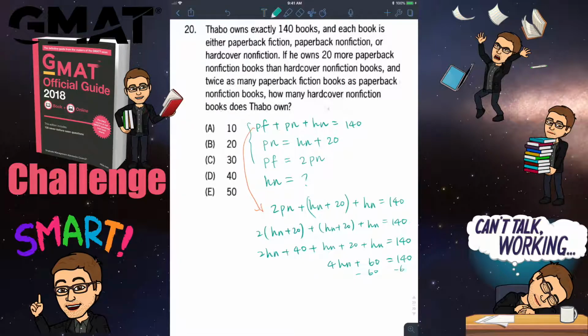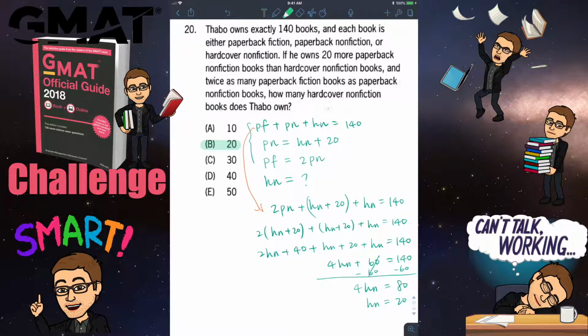Subtract 60 from both sides, so you get 4HN on the left, 80 on the right. Divide both sides by 4, we obtain HN is 20. So the answer is B, 20. He owns 20 hardcover nonfiction books.